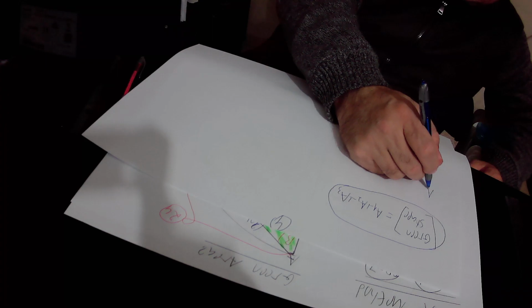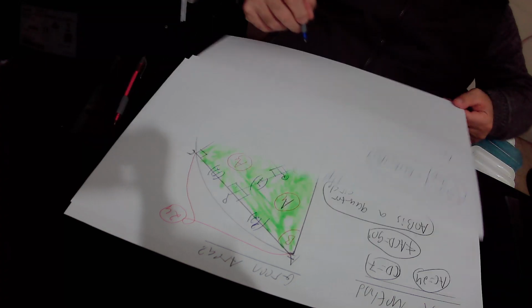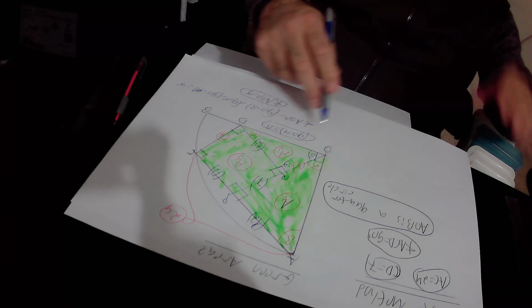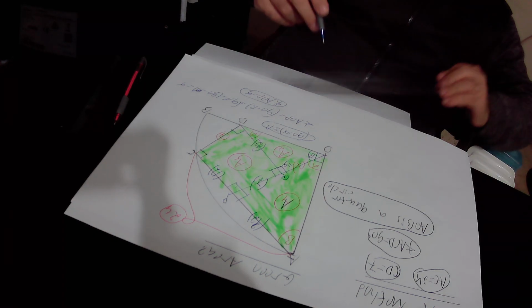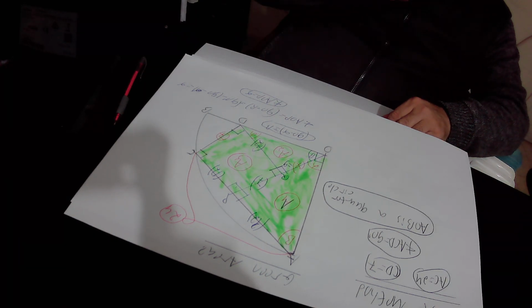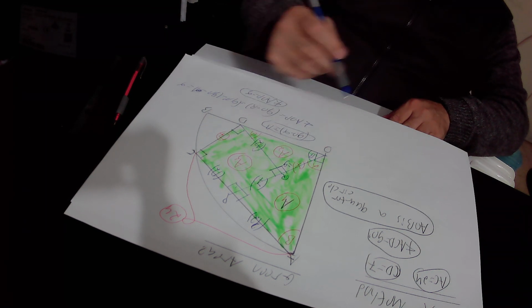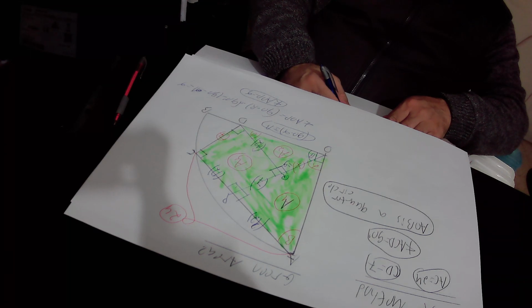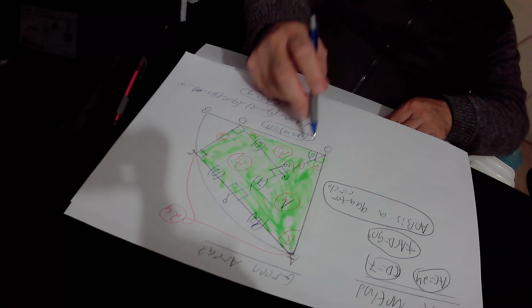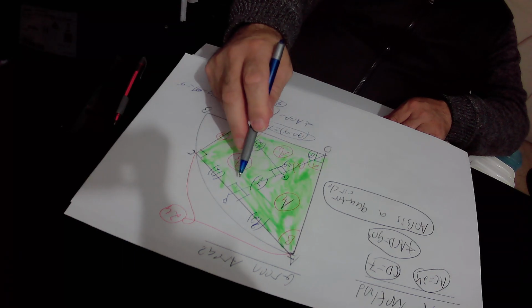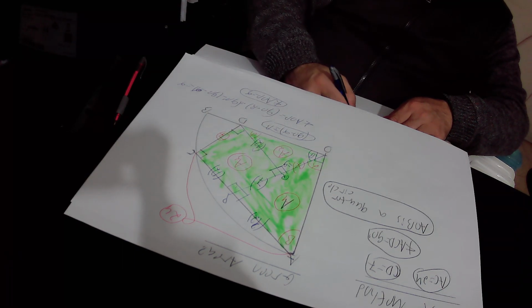So A1 is the area of the green right triangle APO. I'll copy the green triangle APO in the new page, and we find the area of this green triangle. We've already found that x equals 9. We use the fact that x equals 9 in order to calculate the length of side PO.